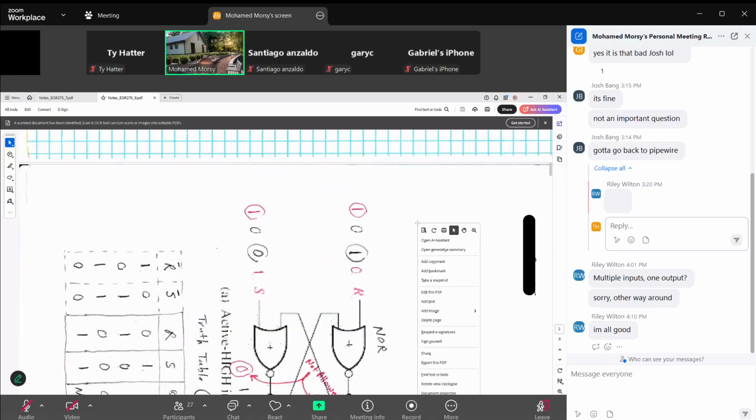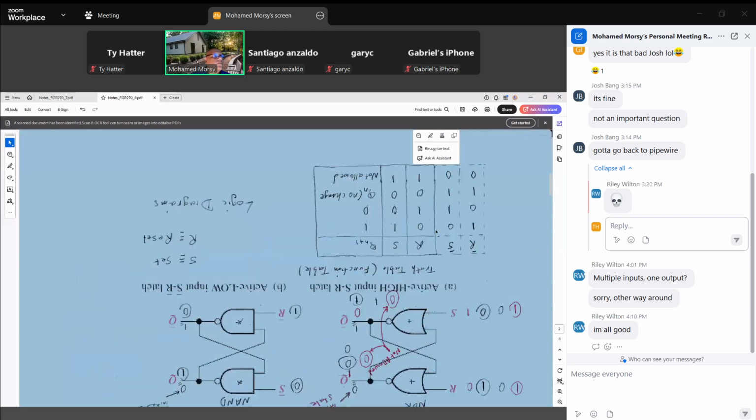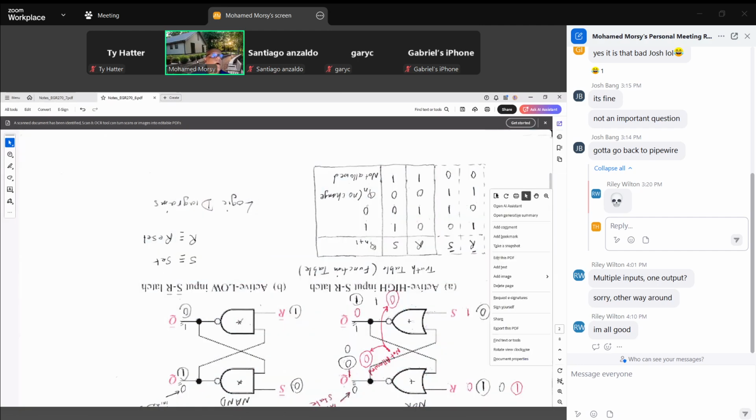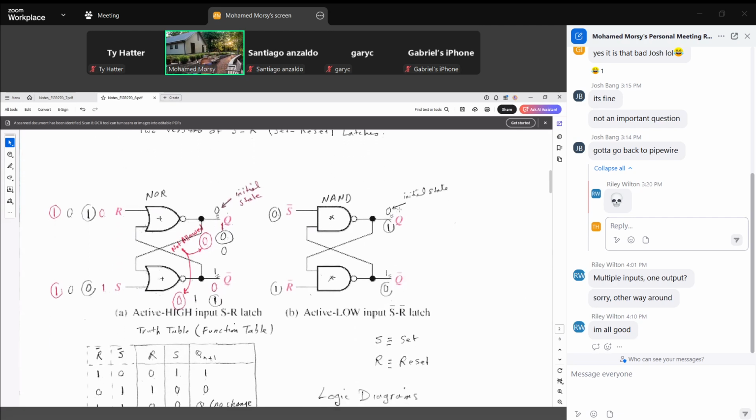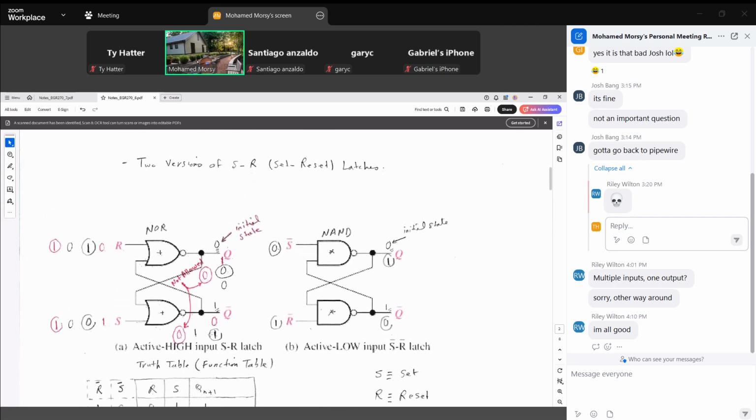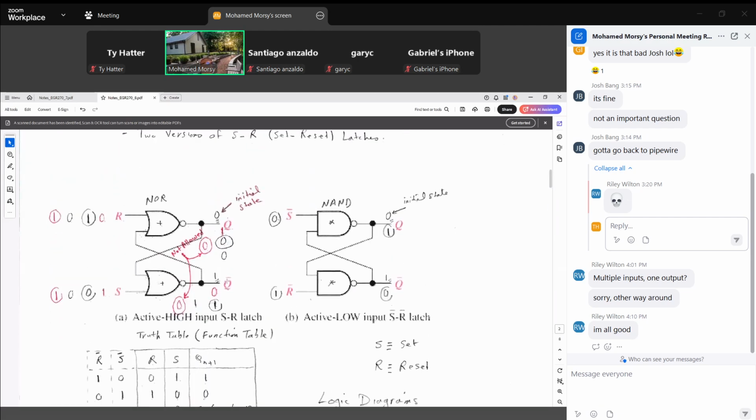For the basic SR latch, this is the logic diagram for a latch.